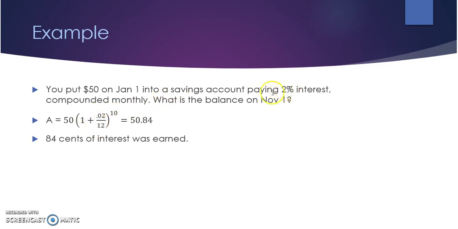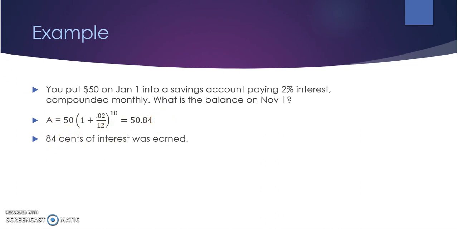Because I earn interest every month, I put a 12 down there. And then, since I do earn every month and there's been 10 months passed, that's a 10. There were 10 times I earned interest: on February 1st, on March 1st, etc. I'll have a total of 10 times I earned interest, the very last time being November 1st. So I'll put that in the calculator. That's $50.84.